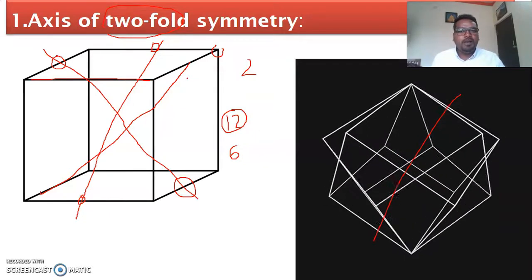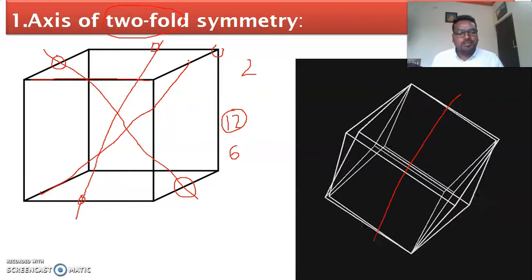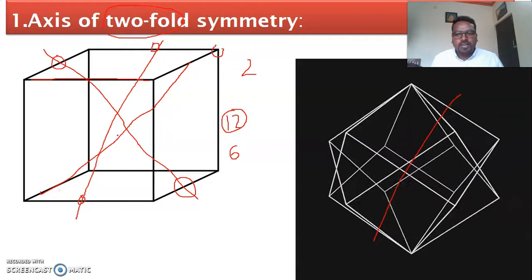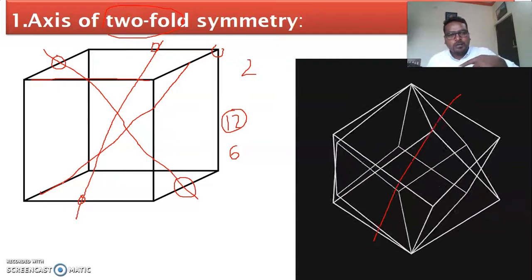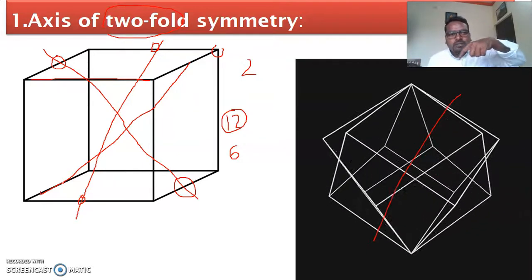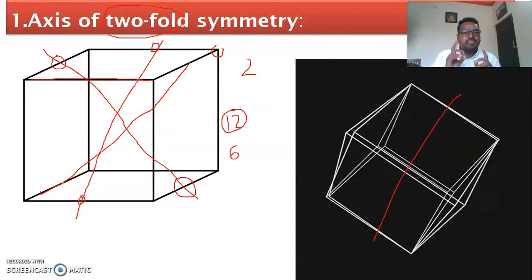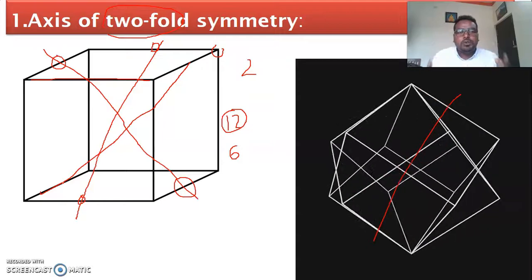Take a cube and a small stick, make a hole through the opposite edges, and pass the stick through them. Then rotate the cube, keeping the stick constant. At that moment you can observe the same appearance two times.